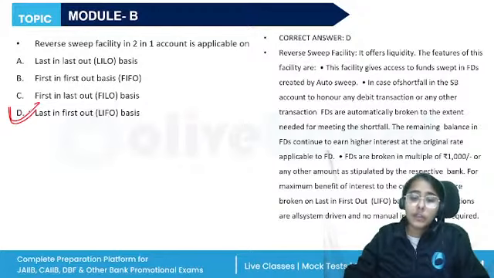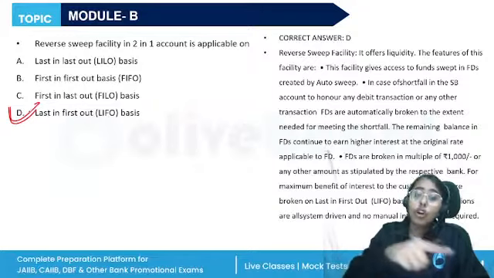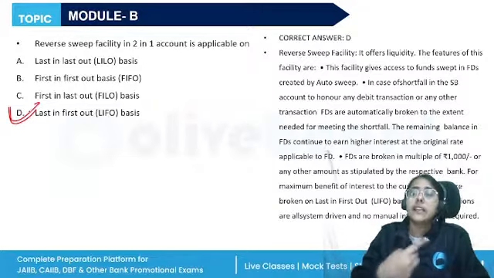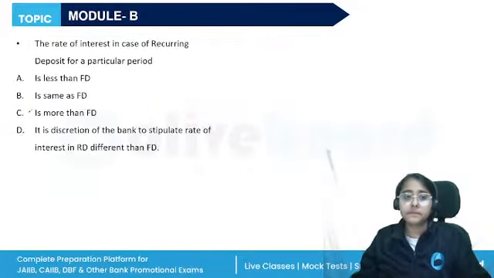So there is the auto sweep facility which offers maximum returns, and the reverse sweep facility which offers liquidity. It is on a last in first out basis, in which the last deposit is broken to meet the shortfall in the operating account. So the last deposit is first broken. Just go through the notes that I've given and it will be clear.